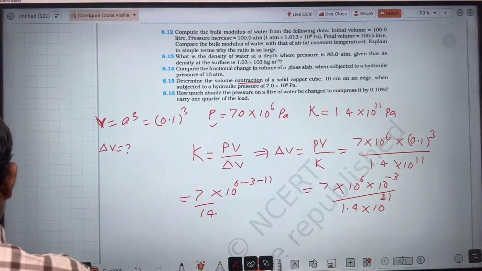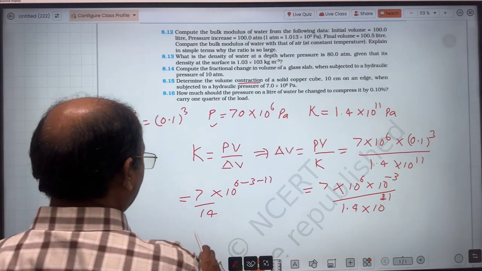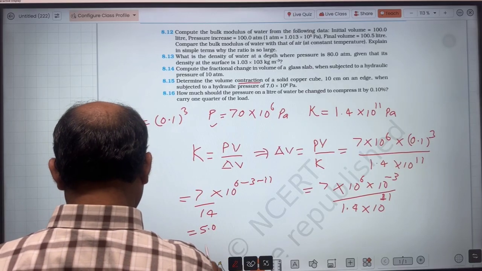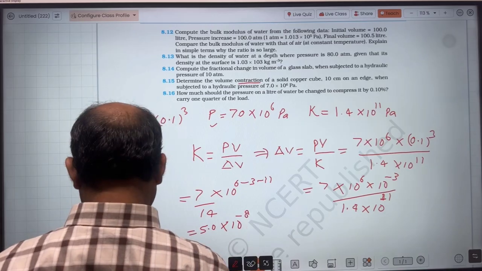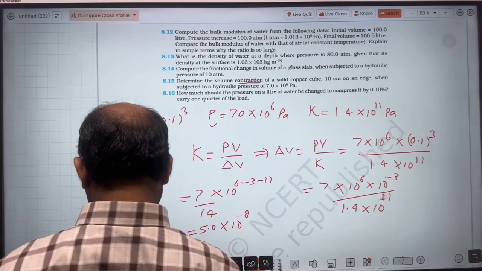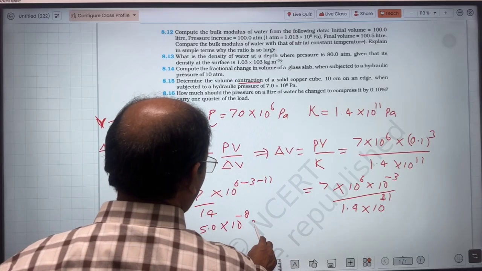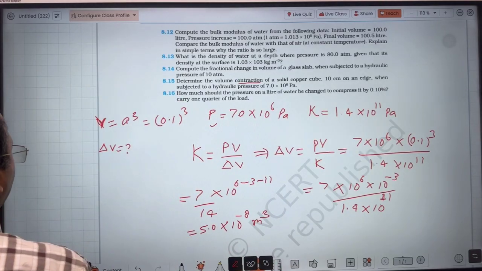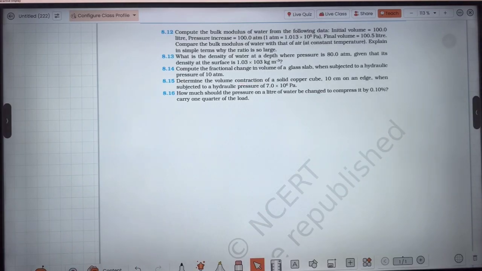So we can simplify. We will get just 5.0 into 10 to the power minus 8 meters cube. Here we need delta V, meter cube. We can convert it into centimeter cube, but that is not necessary.